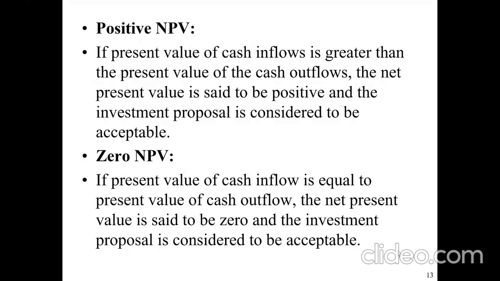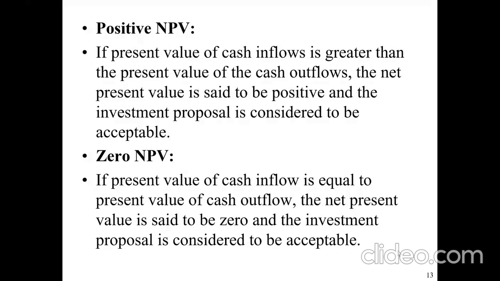So when it is positive, it means you are receiving more cash inflow than cash outflow. And so for that matter, such an investment proposal is usually considered to be acceptable. And when it is zero, that means what flows in equals what flows out. And for that matter, that project is also considered to be acceptable.